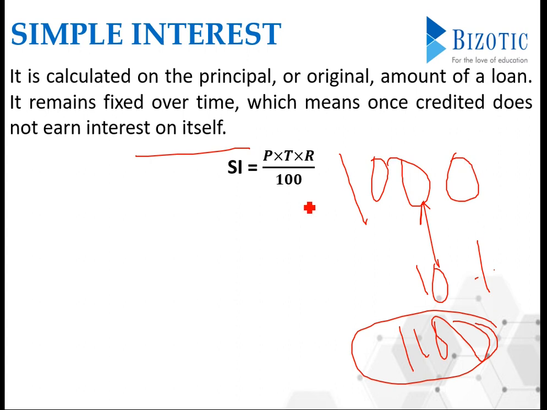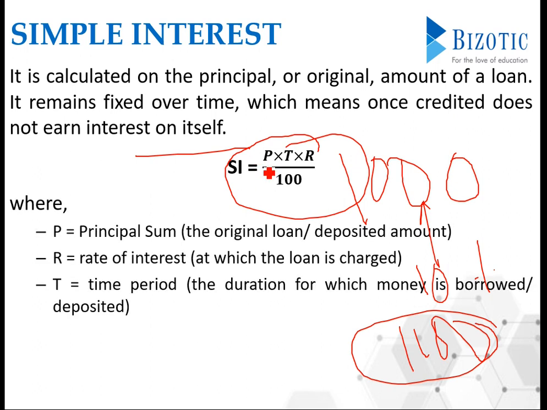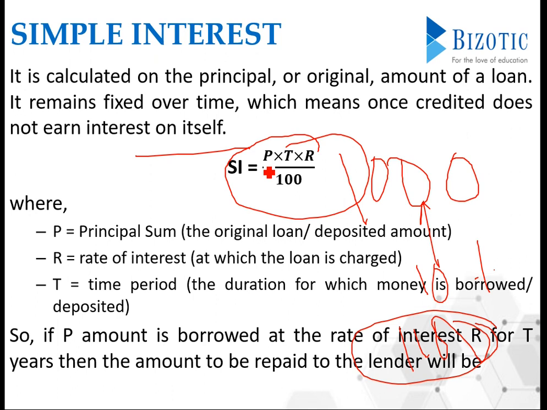In order to calculate simple interest, we have the following formula: SI = PTR divided by 100, where P is the principal sum or the original amount, whether you give it to someone or deposit it, R is the rate of interest and T is the time period. Along with this, there is one more thing, that is the amount.